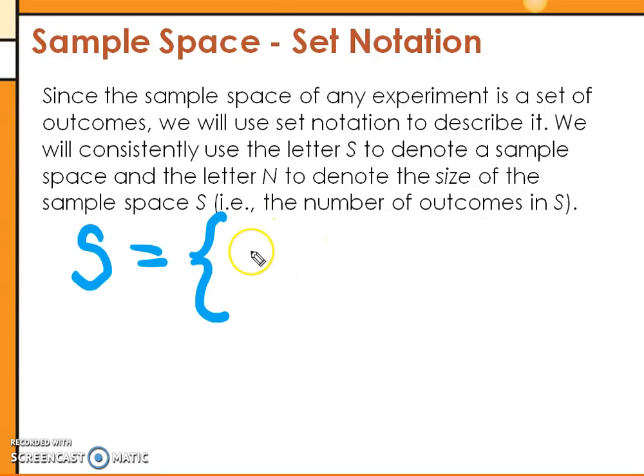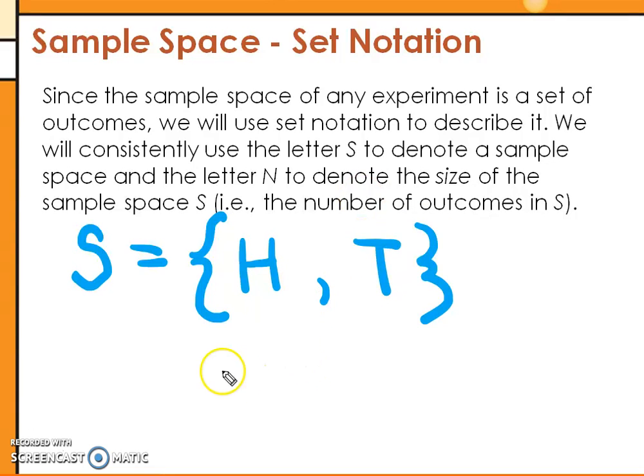So what are all the possible outcomes? I could get heads, or I could get tails. So S, the sample space, is pretty short, with only 2 things in it. And N, the size of the sample space, is 2, since I could get heads or tails. That's what they're referring to when they talk about S, the sample space, and N, the number of things in it.